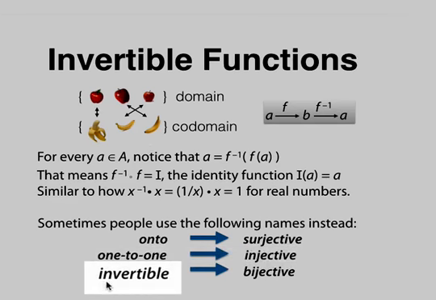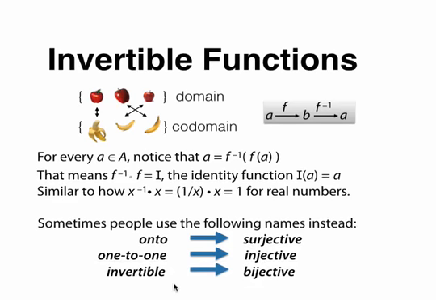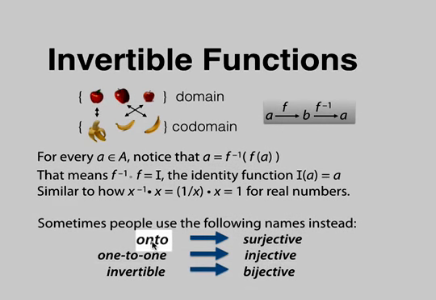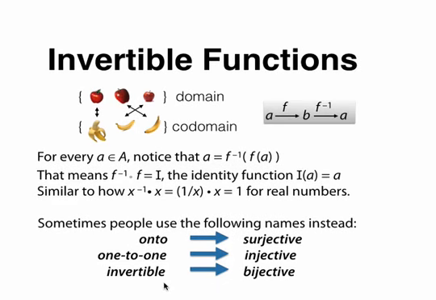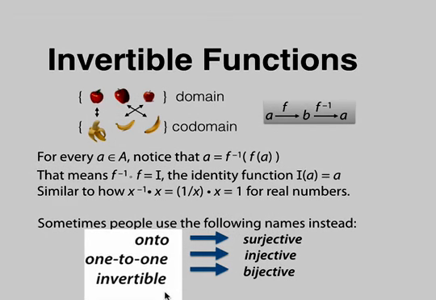And the one that's invertible, they call bijective because it has both of these properties. But in this video, I'm going to use onto, meaning the function maps onto the whole codomain, and one-to-one, which means that every output has at most one input that produces it. And if it has both these properties, it's invertible, like we've been talking about.